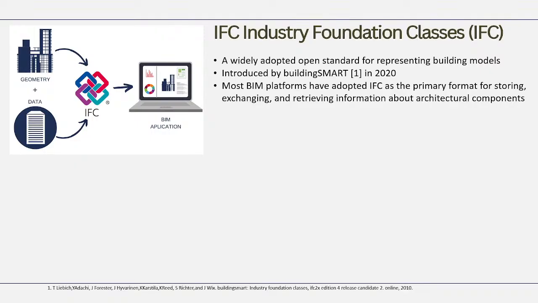This is a widely adopted standard for representing BIM, building information models. It was introduced by buildingSMART in 2020. Most BIM platforms now use IFC standards as the primary format for storing data and exchanging information about buildings and architecture components.